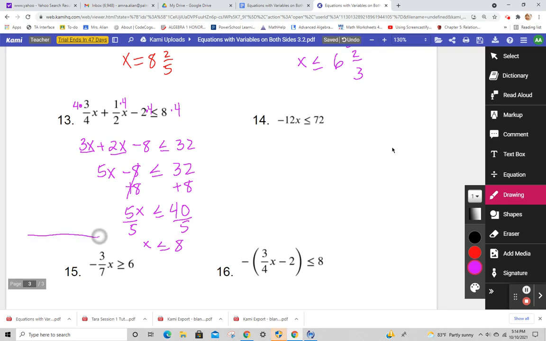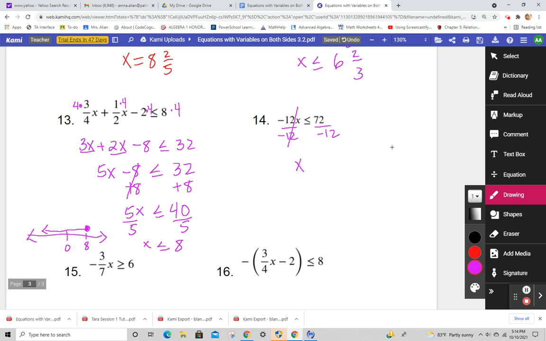And if you are asked to graph that, that would be easy. We'll put 0 at the center. 8 will be to the right. And it will be a closed circle because we want it to be equal to or less. All right, number 14. It's just one step. We're going to divide both sides by negative 12.